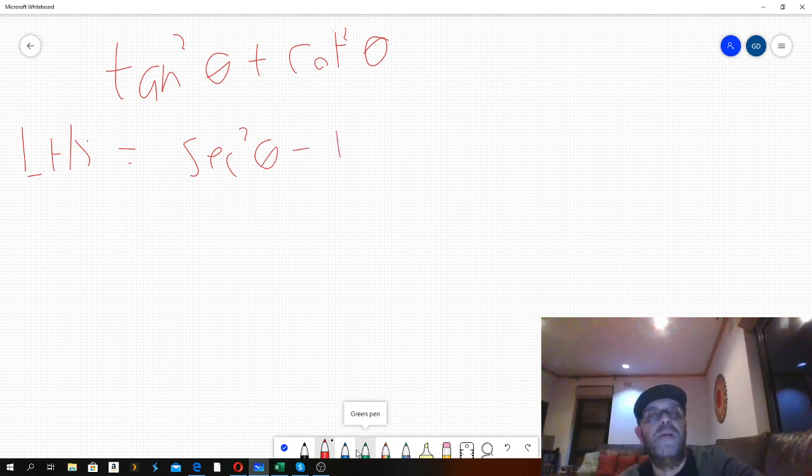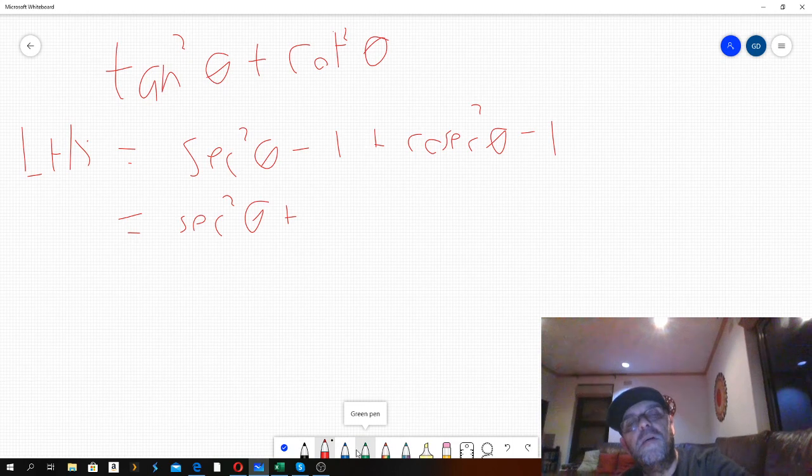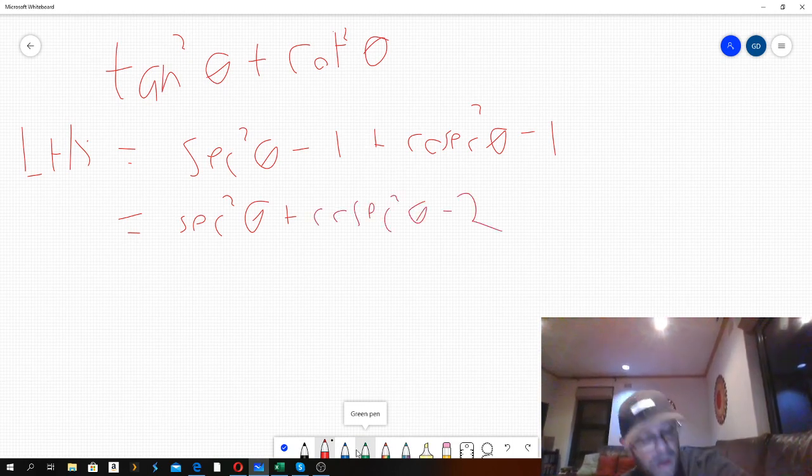And cot squared happens to be cosec squared minus 1. And all of that just simply reduces to sec squared plus cosec squared minus 2, which happens to be my right hand side, and therefore we've proved that one. It was a nice easy one, didn't take much work at all.